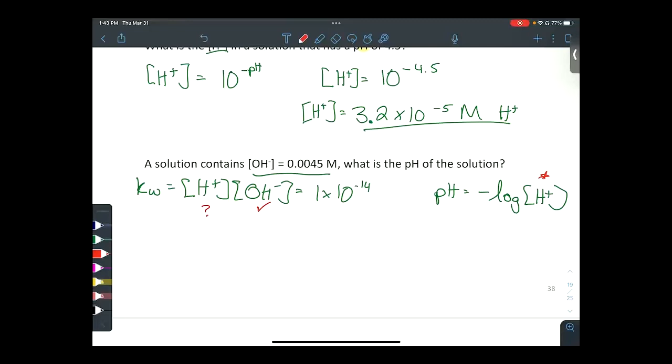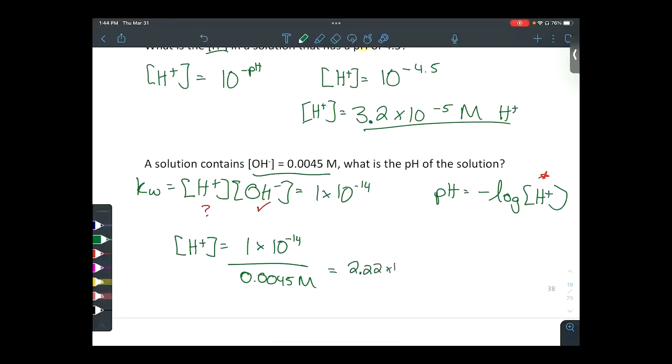That's basically as complicated as it gets, but let's do it. We are given OH concentration, so H plus equals 1 times 10 to the negative 14 over 0.0045 molarity. So that means H plus is 2.22 times 10 to the negative 12.